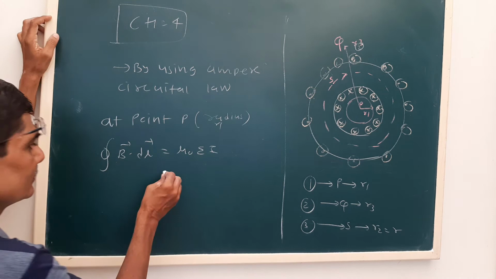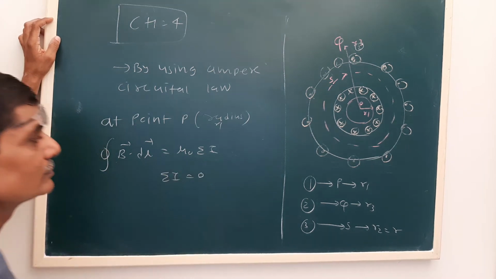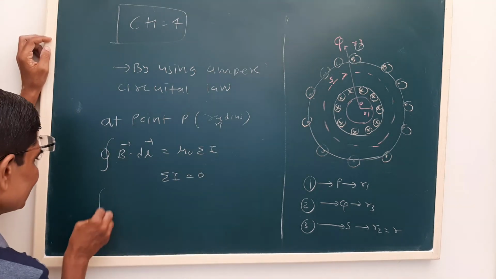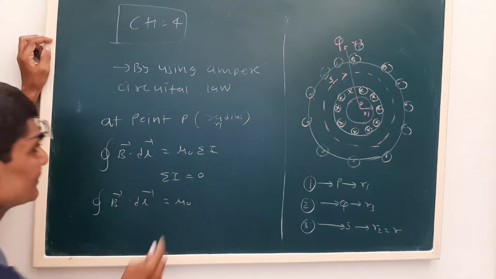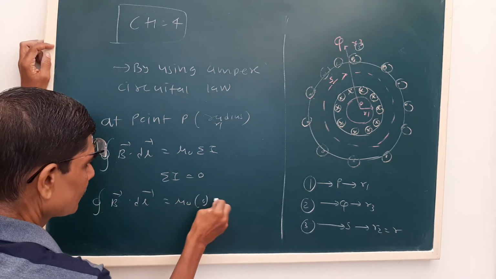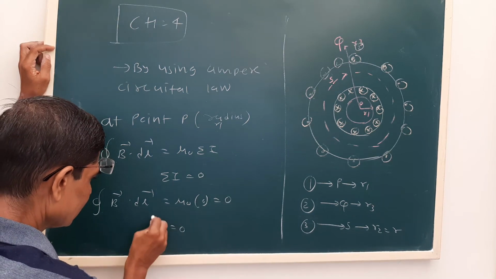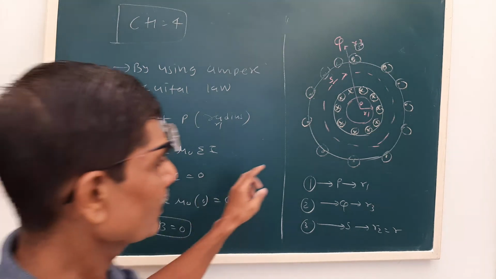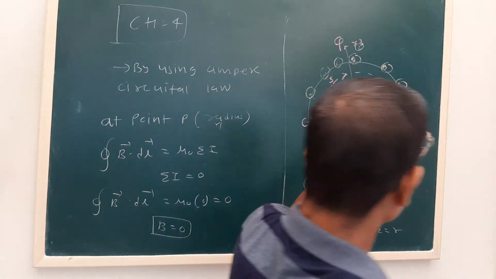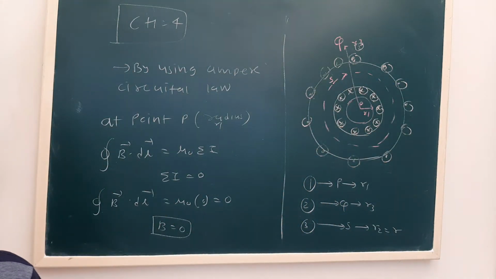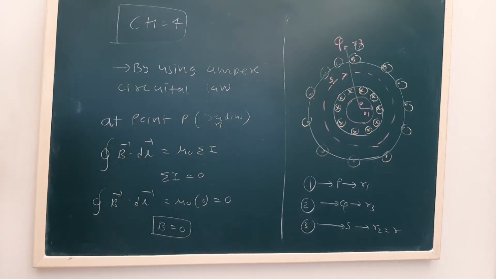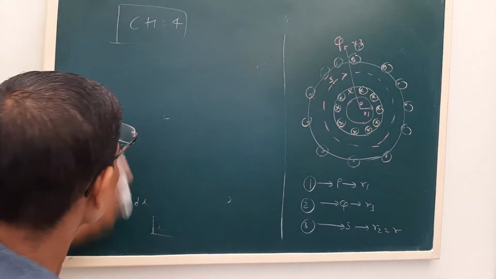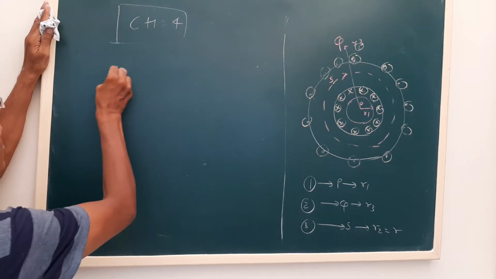So here sigma I is 0. So B dot dl is 0, so B will be 0. So if I want to find out the magnetic field at a point P, that is an Amperian loop of radius R1, the magnetic field will be 0. Now similar will be the case at a point Q.